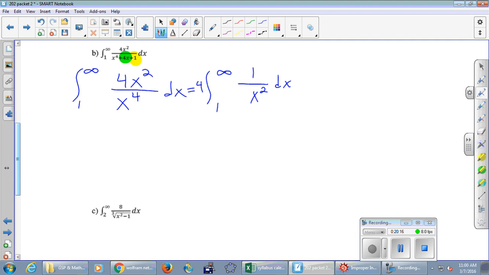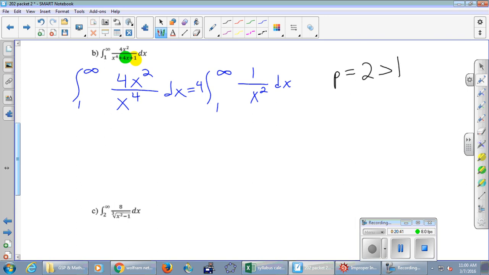Which is the one that's relevant here? It's row 1 because we're going from 1 to infinity. It's the infinity row, not the 0 to a number row. So this guy right here has what value of p? 2. And 2 happens to be greater than 1.